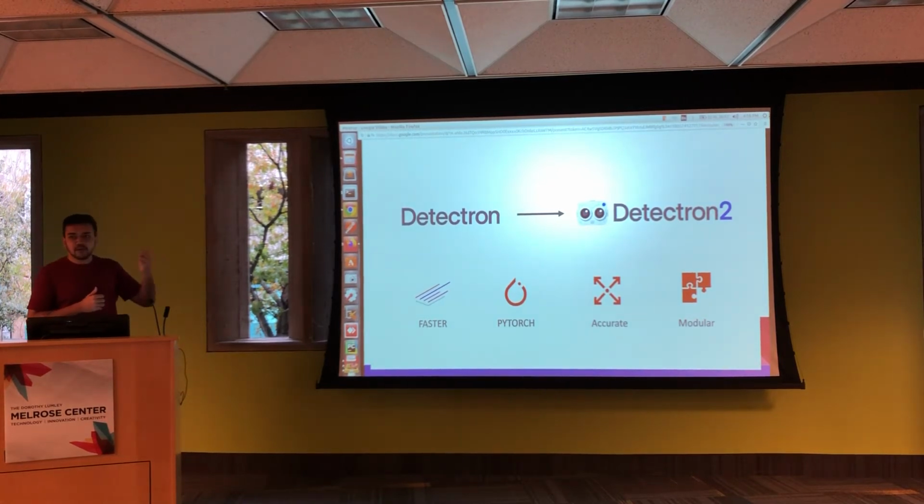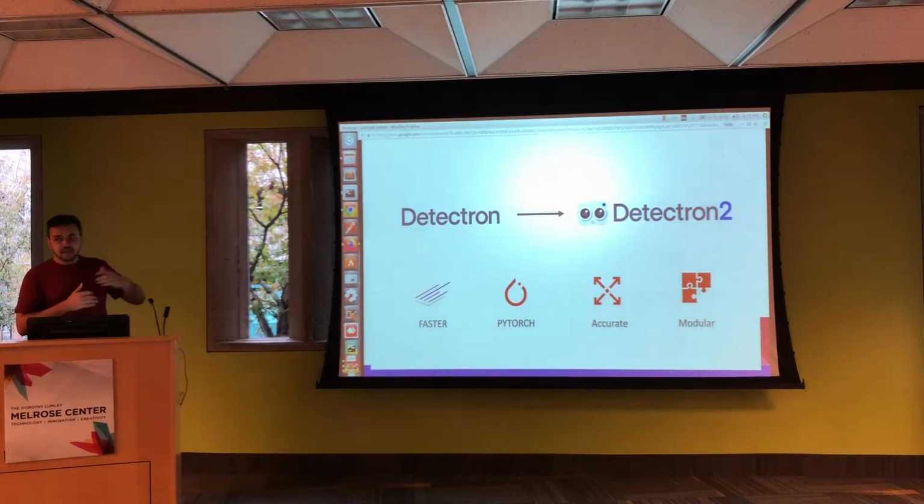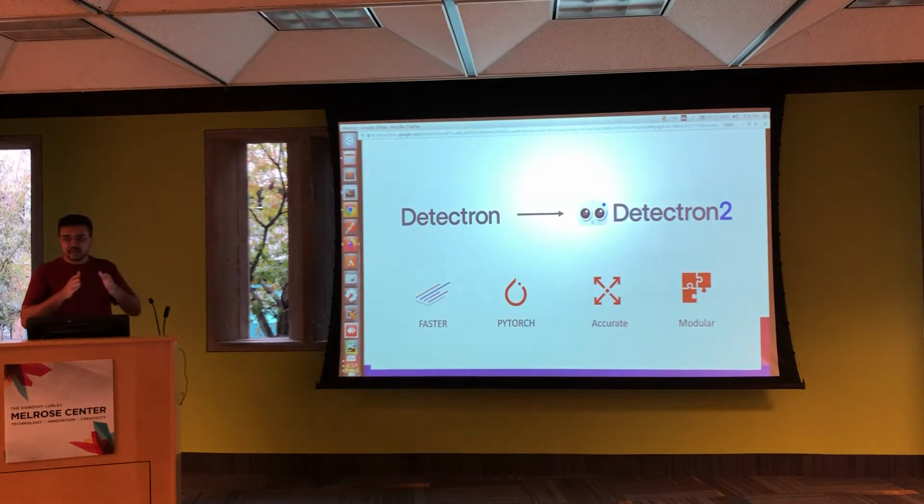It's accurate, so all the state-of-the-art models are included in Detectron. And one of the major reasons for its success is that it is modular. You can build different models and combine them into a single model, because this is a single library for all the models. You need not worry about various frameworks or libraries underneath.